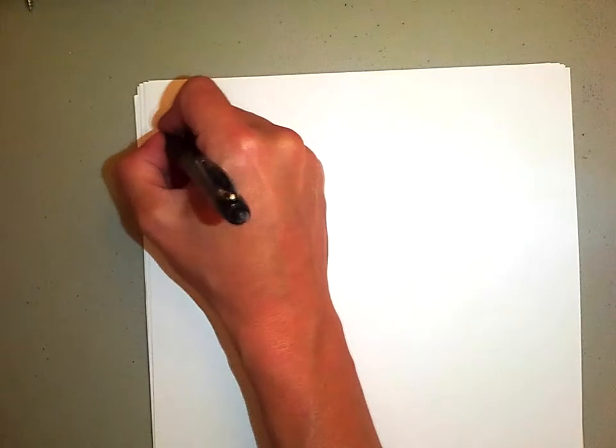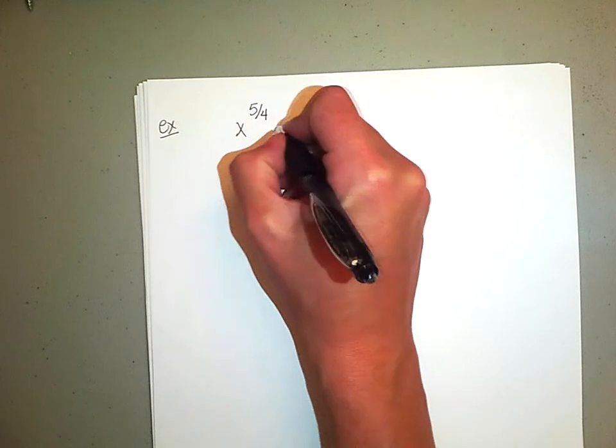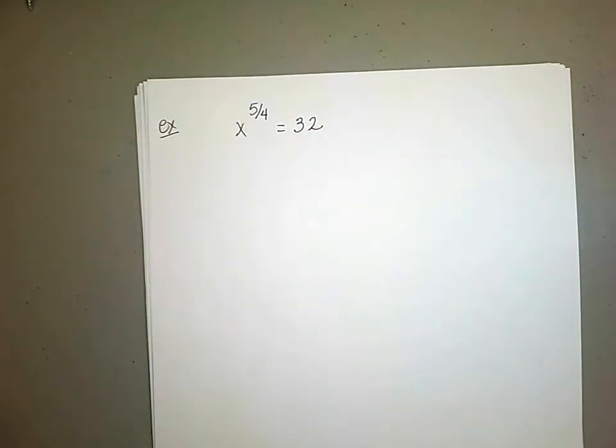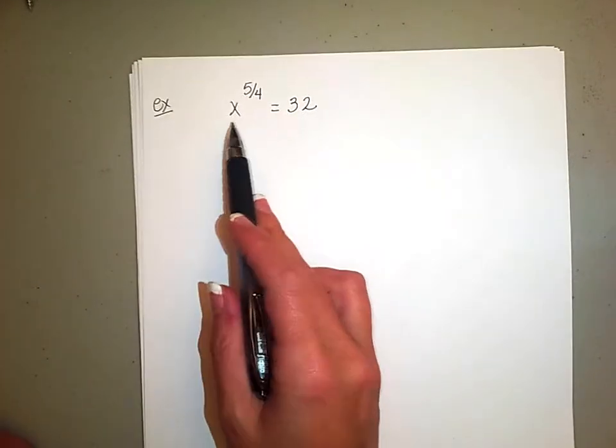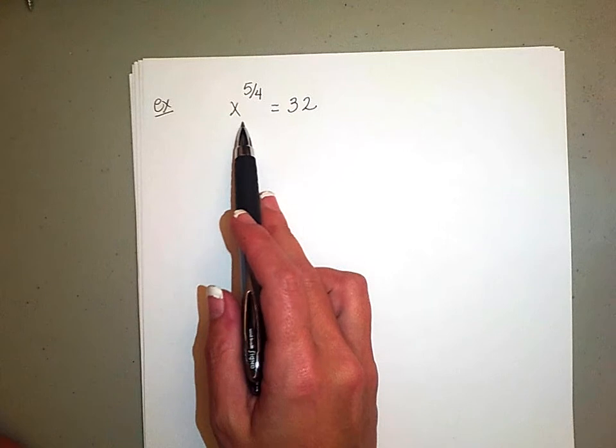So for example, if we have x to the 5/4 power is equal to 32, I want to remember what root I'm taking. Okay?